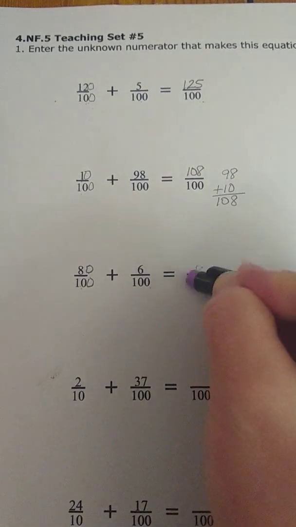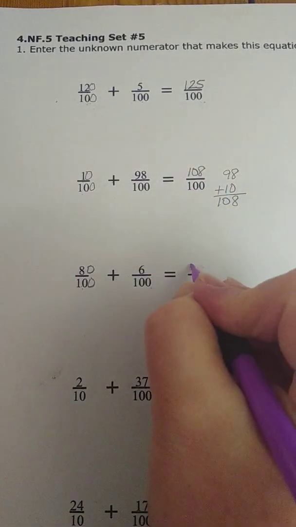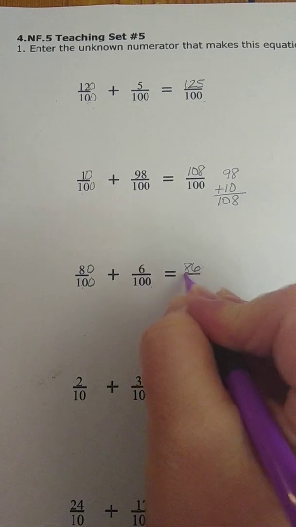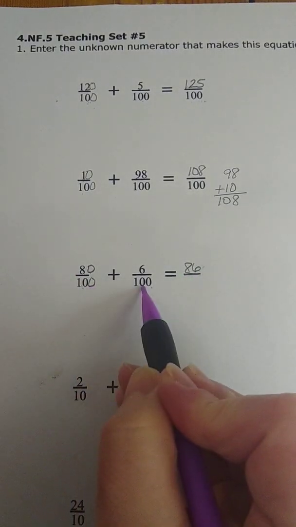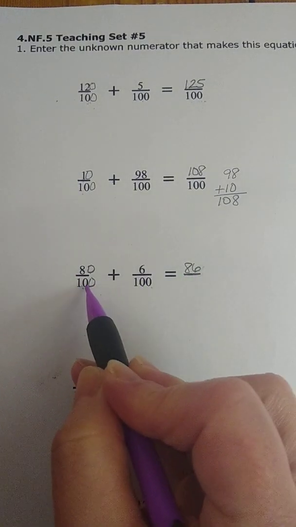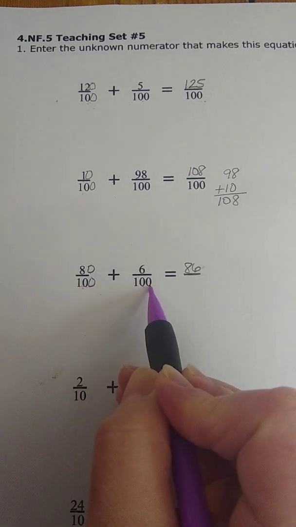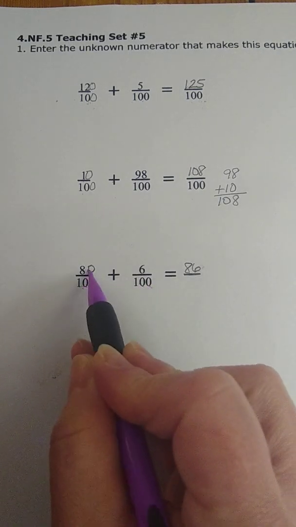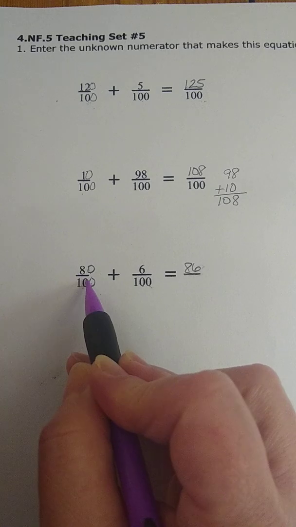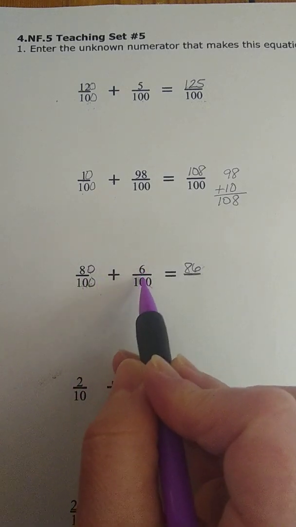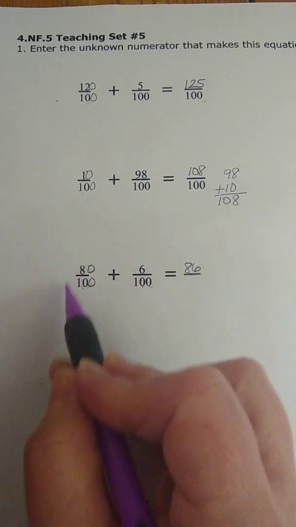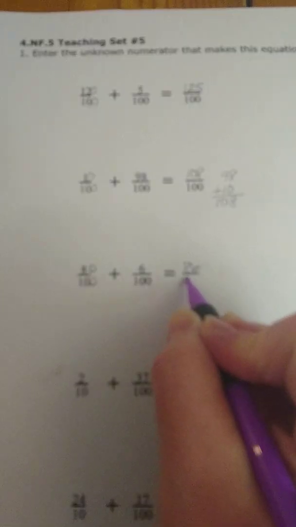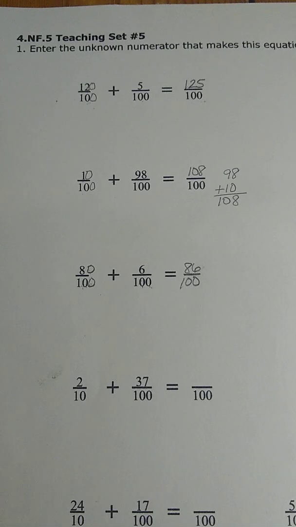I guess we could do it right over that line, sorry. 86 over, and the denominator stays the same. You don't add 100 plus 100. You are taking 80 hundredths and adding it to 6 hundredths. So you think of that kind of as a whole unit, and the hundredths has to stay hundredths.